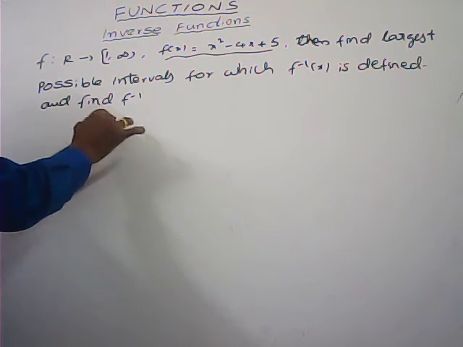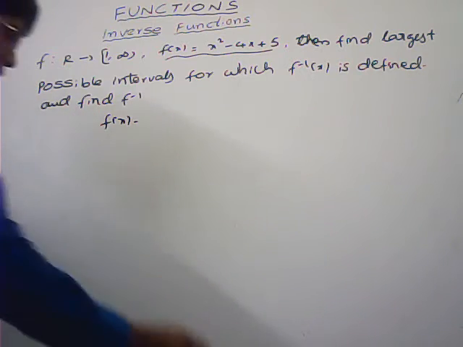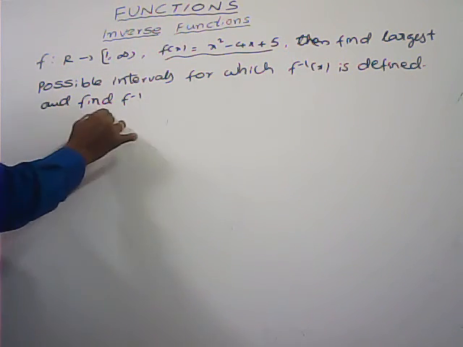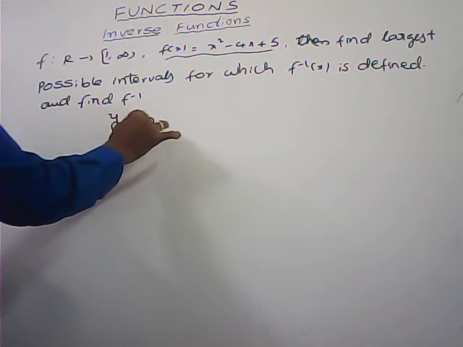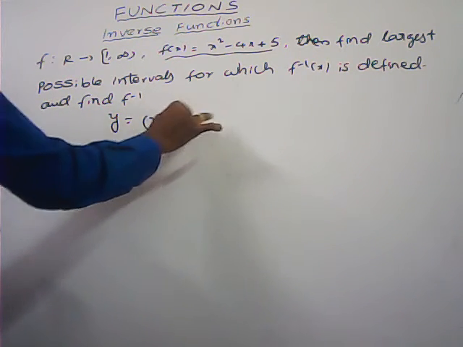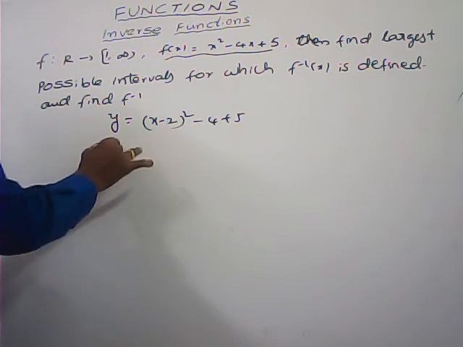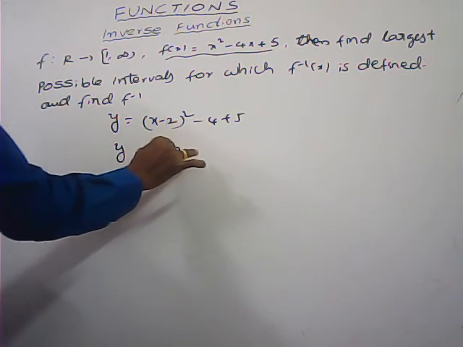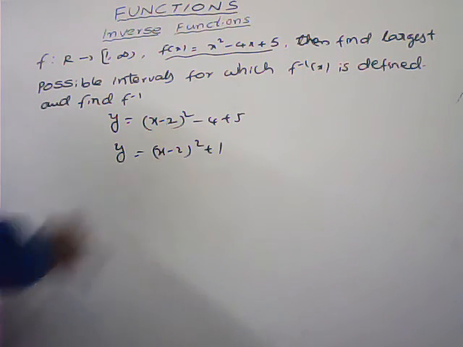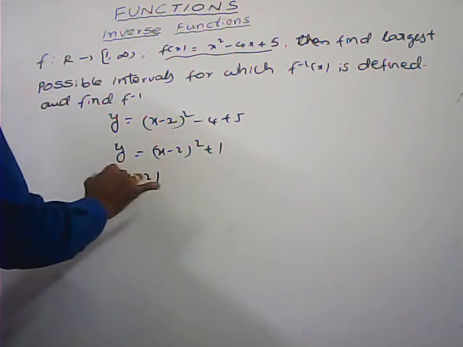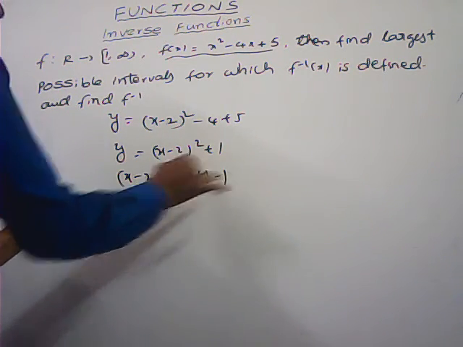Here y is equals to f of x, so y is equals to (x minus 2) whole square minus 4 plus 5. That implies y is equals to (x minus 2) whole square plus 1. And (x minus 2) whole square is equals to y minus 1.